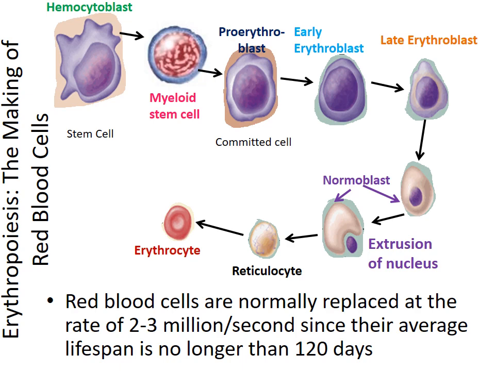Then you can see the reticulocyte, which is the immediate precursor of an erythrocyte. The erythrocyte, the last one, is the mature red blood cell, which is small in size and without a nucleus, because the nucleus is already extruded out during the normoblastic stages.